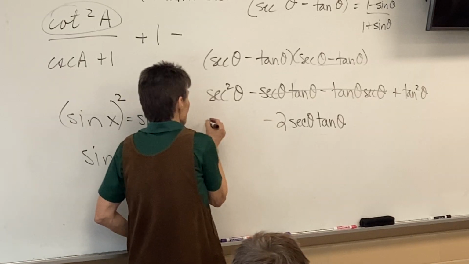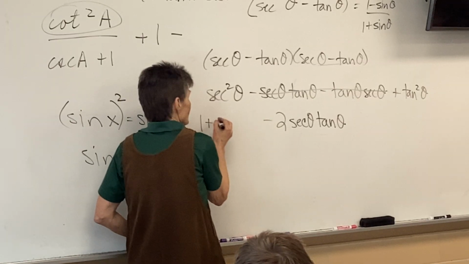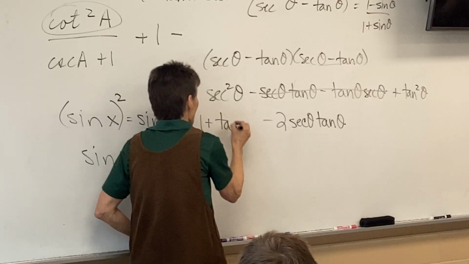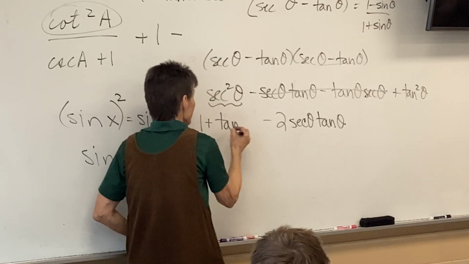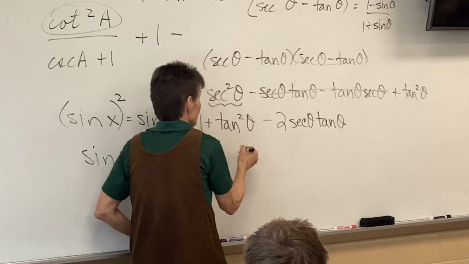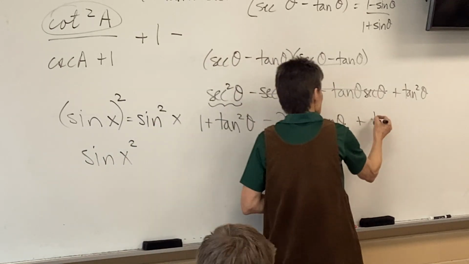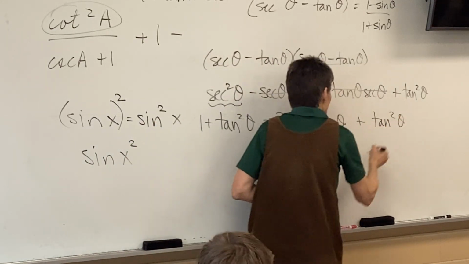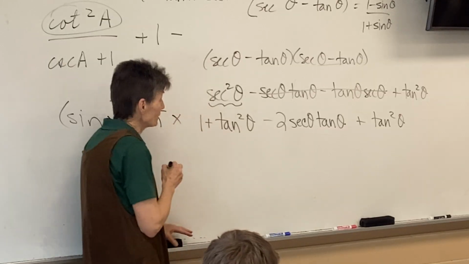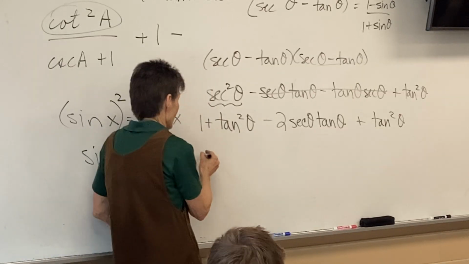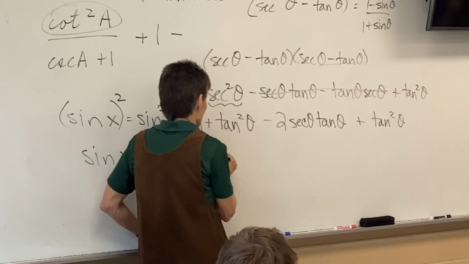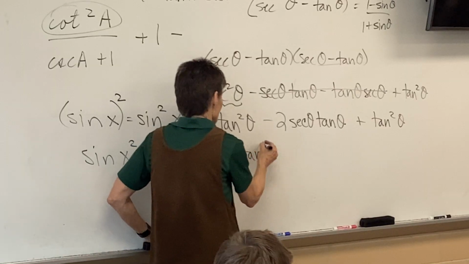Can you just add the tangent to that other thing? Yeah. So I'm gonna change this right here into 1 plus tangent squared. And then I still have this tangent squared. So you're saying, let's make that 1 plus 2 tangent squared? Yep.